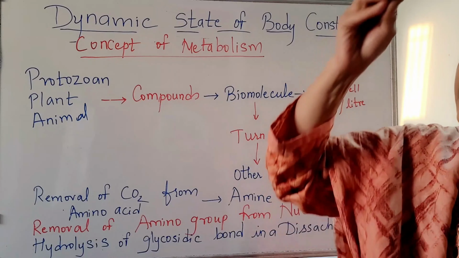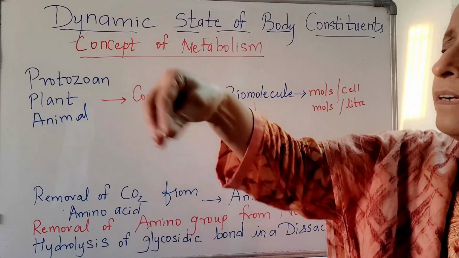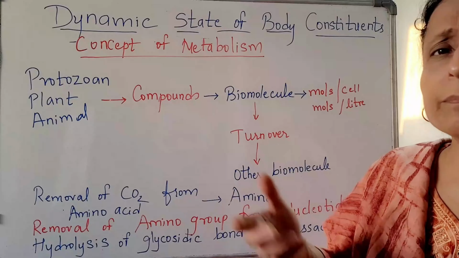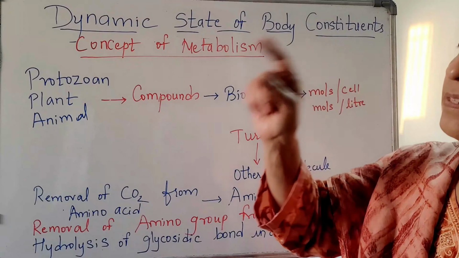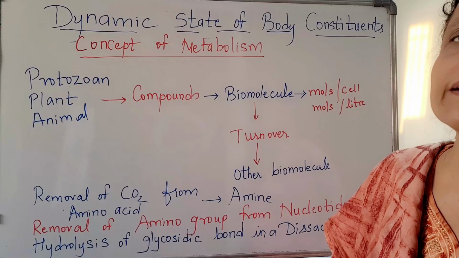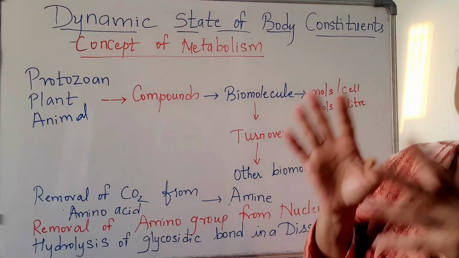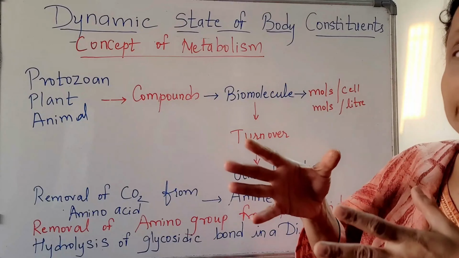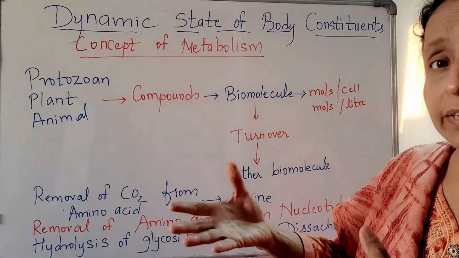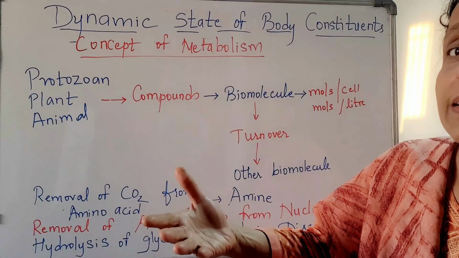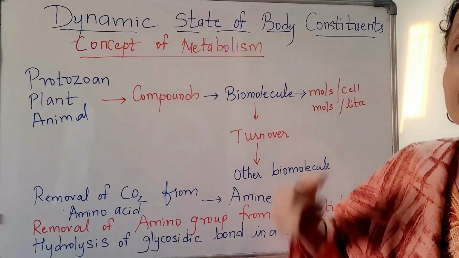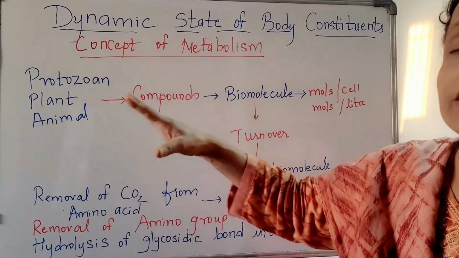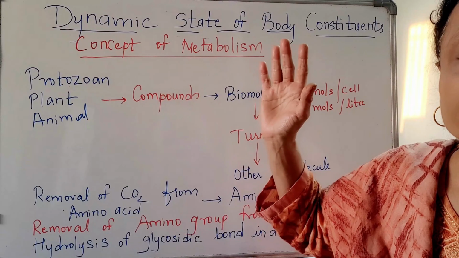So in nature, carbon dioxide can dissolve in water by itself. It's a physical reaction, but in living organisms, the same dissolving of carbon dioxide in water is catalyzed. It's a chemical reaction. It's a metabolic reaction.